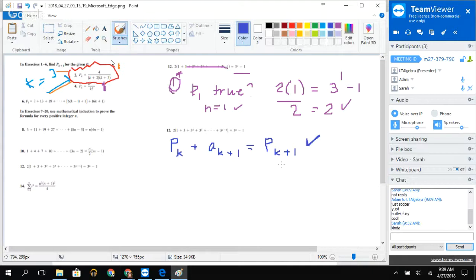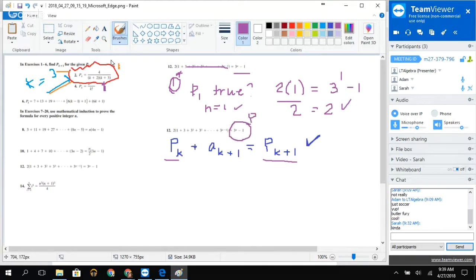Does that equal if I just go ahead and plug in the next number? Practically, what this looks like is that P sub k and P sub k plus 1 are going to be, we're going to use this.